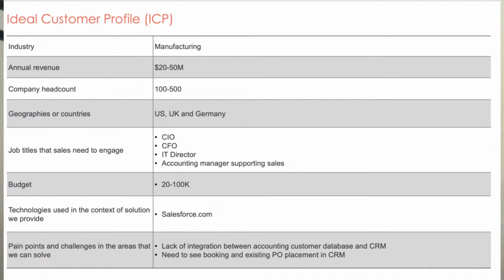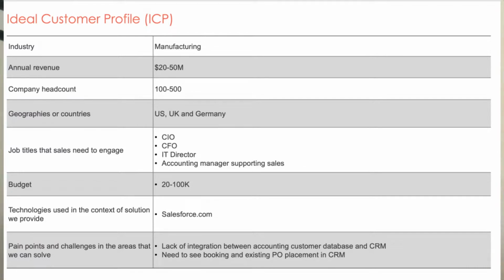The annual revenue of the companies that tend to buy from you is usually around $20 to $50 million. The company headcount is 100 to 500. The geographies or countries that you want to sell to, or where you have a sales presence, are US, UK, and Germany, right?